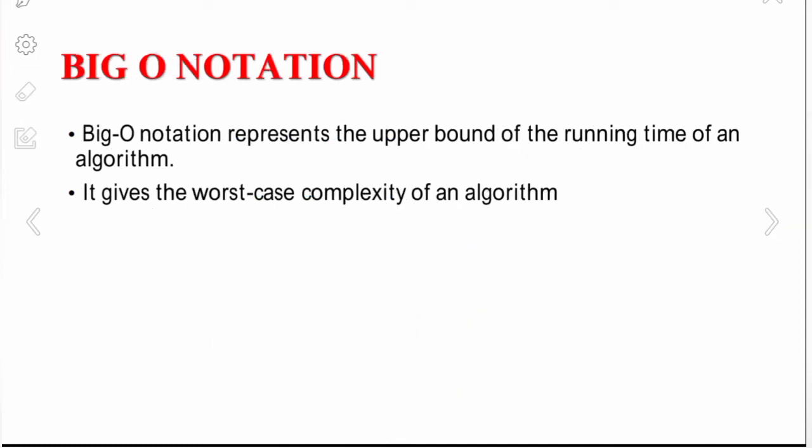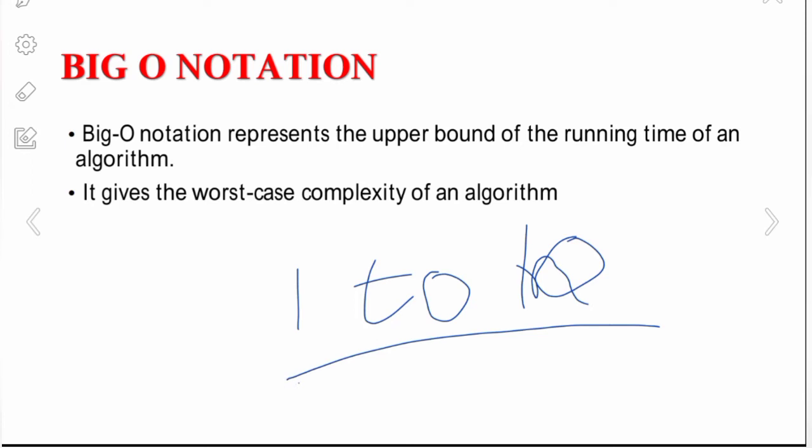First of all, we will start with the big O notation. It represents the upper bound of the running time of an algorithm. The upper bound means the worst time, the maximum time it can run. Suppose a program may take 1 millisecond to 10 milliseconds of time based on the given input.